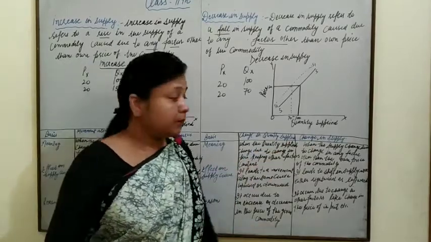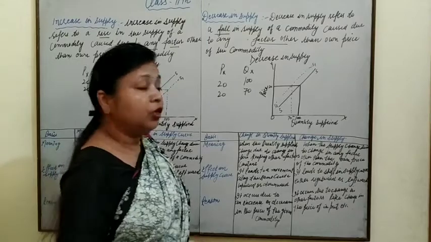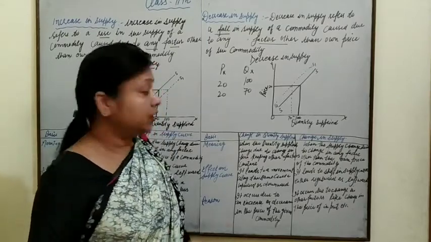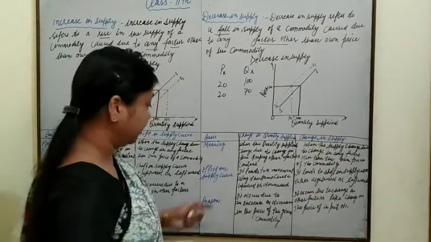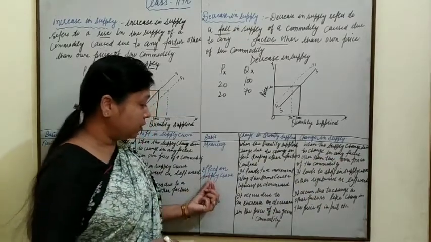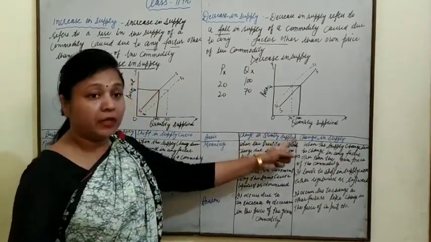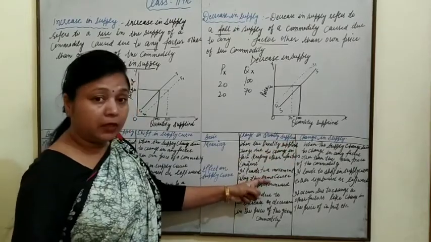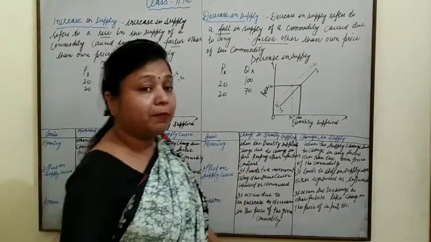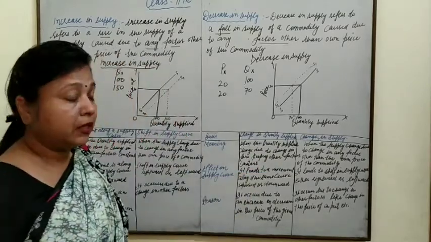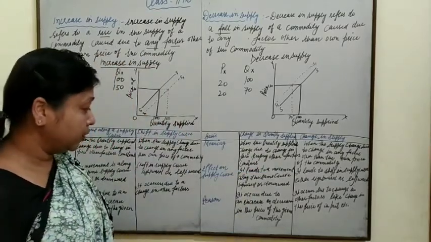And change in supply means the supply changes due to a change in any other factors, keeping the price of the commodity constant. What will be the effect on the supply curve in change in quantity supplied? It may be upward or it may be downward. And in change in supply, it may be shifted leftward or rightward.